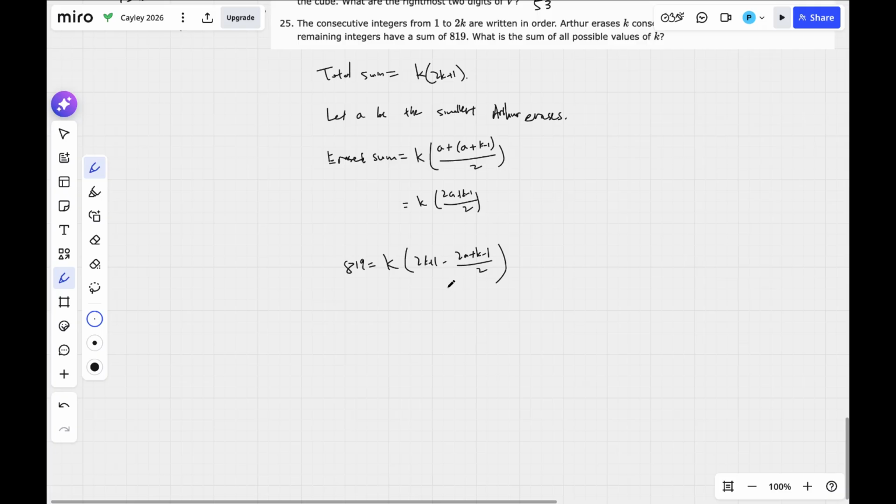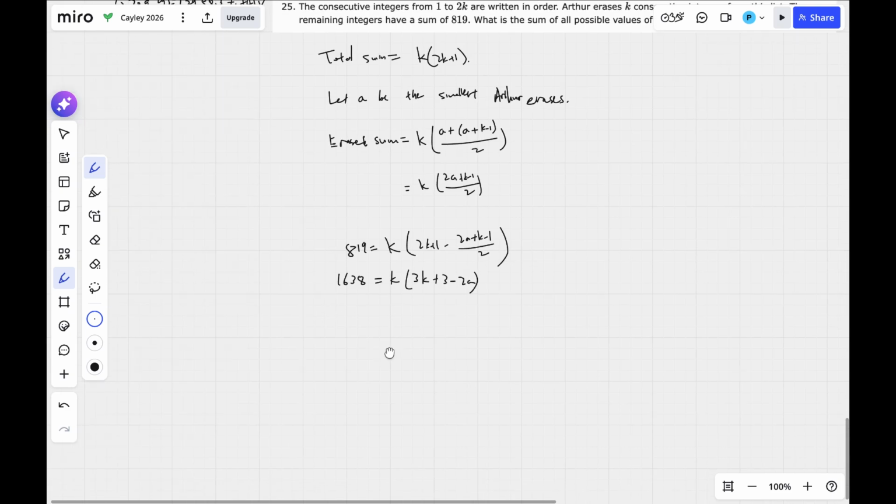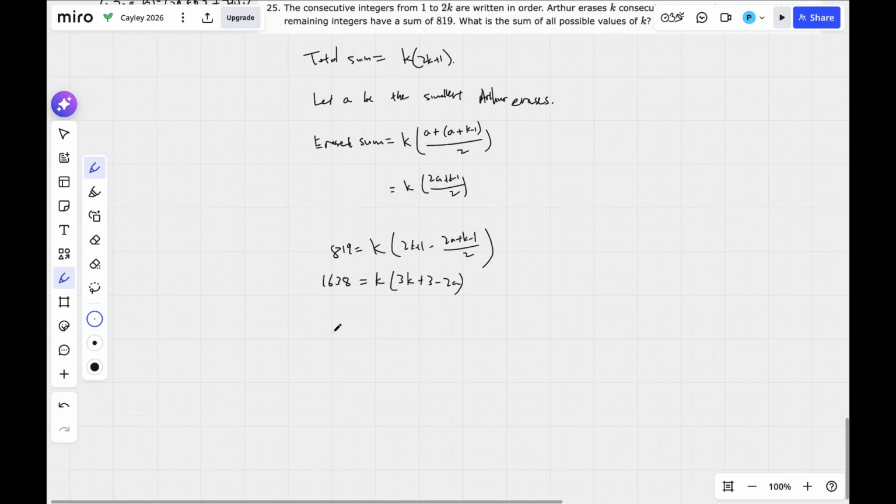Now if we subtract this, the remaining sum, which is 819, is equal to k times 2k plus 1 minus 2A plus k minus 1 over 2. If we multiply by 2 on both sides, we can get rid of the denominator. So we get 1638 equals k times 3k plus 3 minus 2A.